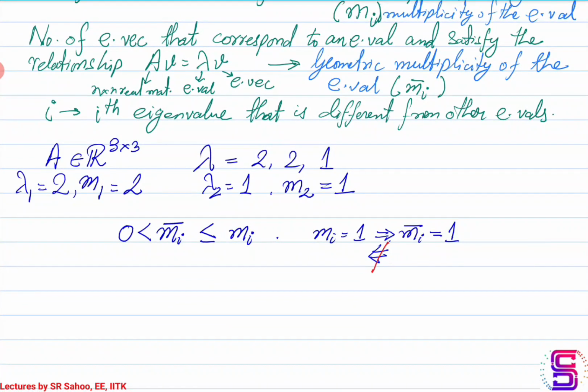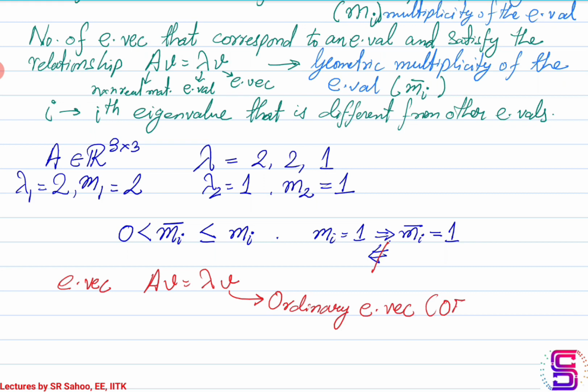All those vectors that satisfy the relationship AV equal to lambda V, we have been calling eigenvectors. Henceforth, we'll be labeling these vectors as ordinary eigenvectors, or OEVs.